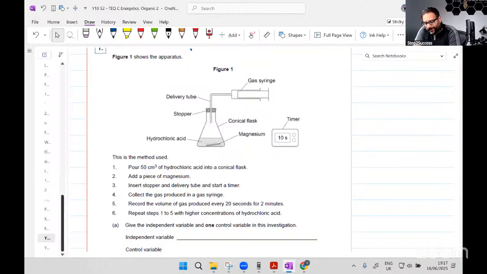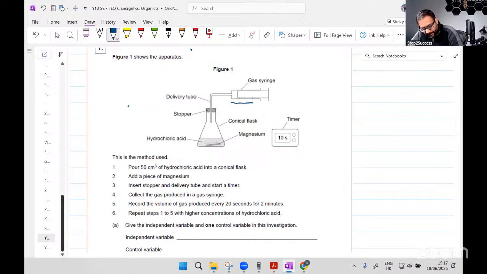What we're doing is adding some acid and magnesium together. When magnesium, or any metal, reacts with an acid, a gas is given off. We're collecting that gas in this gas syringe, which will gradually move out that way as it fills with gas.